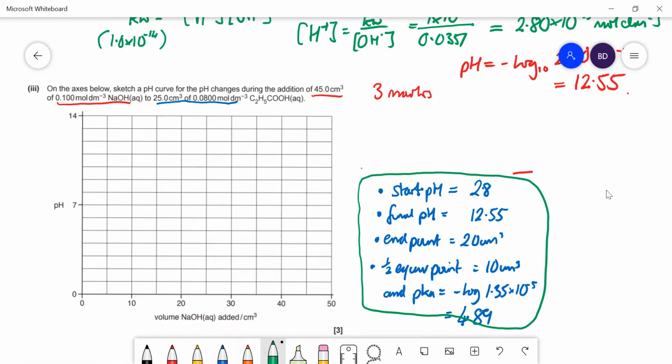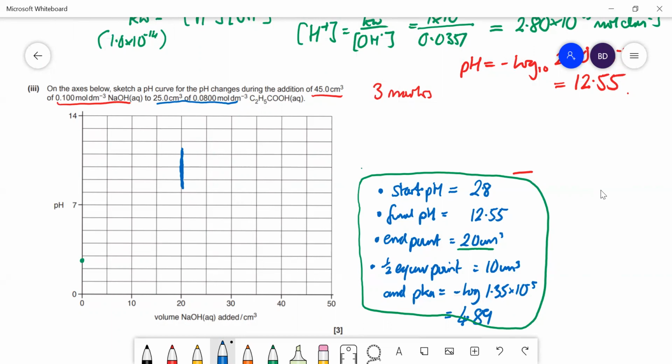So the start pH should be about 2.8, so I should do that start pH there. Now the end point occurs at 20 centimeters cubed. Okay, so we want to have the endpoint at 20, so the vertical bit here. Now the endpoint for a weak acid like this against a strong base is higher than 7, so we should have that there.